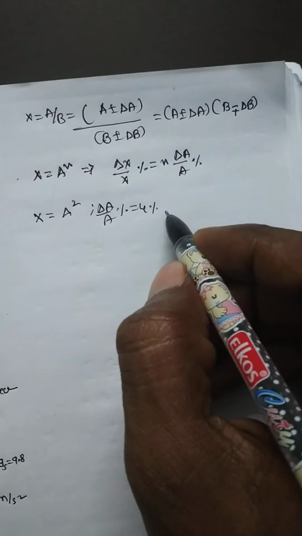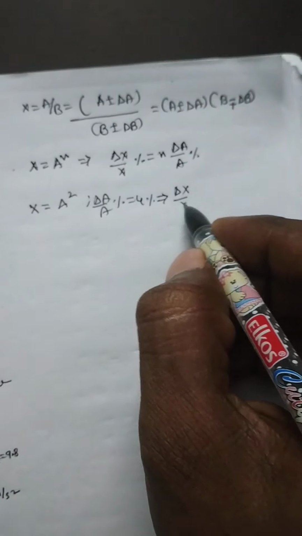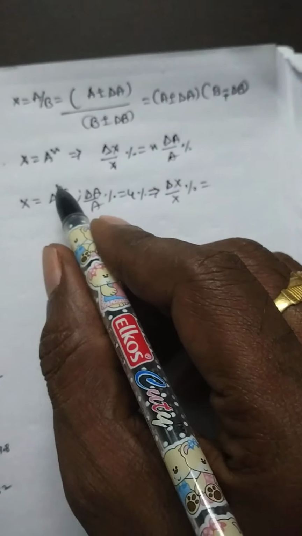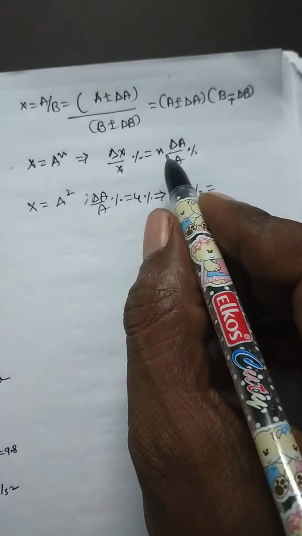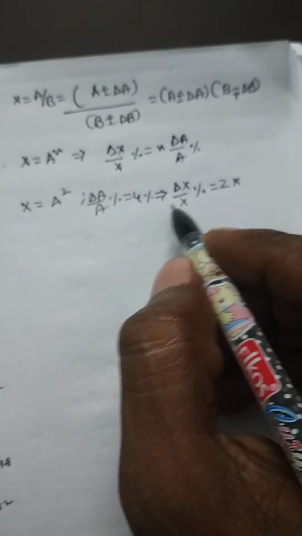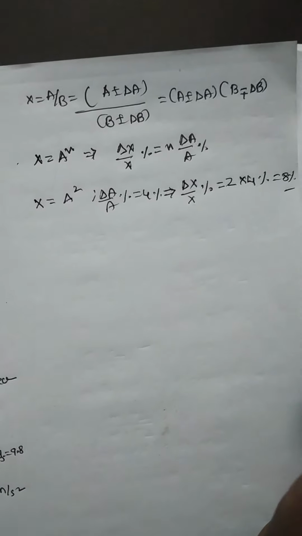Then what is the percentage error in x? Delta x by x percent is equal to, here how much power? 2. So n is 2, 2 multiplied with 4%. So I will get 8%.